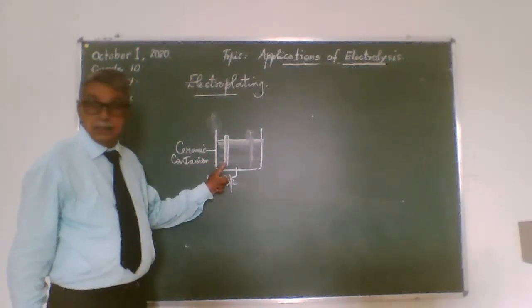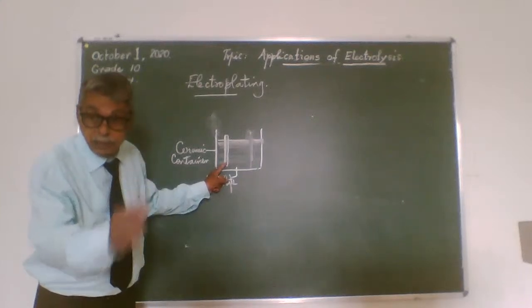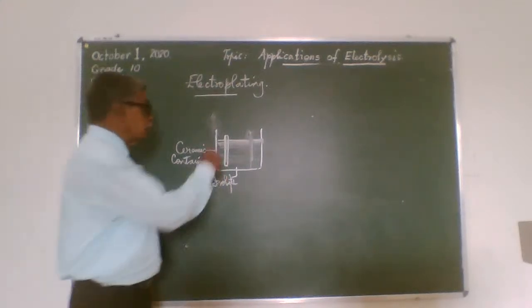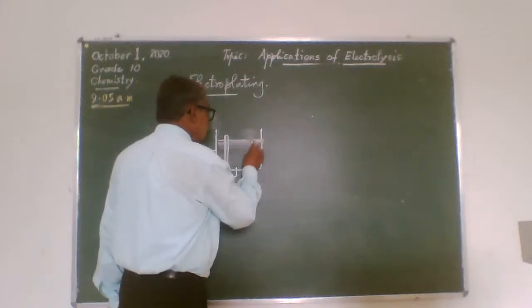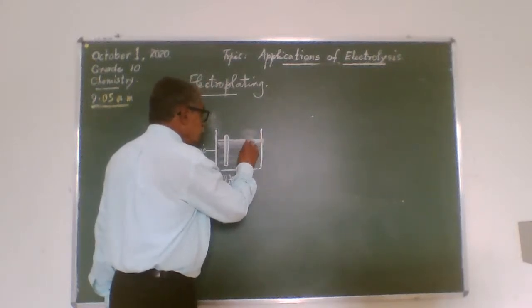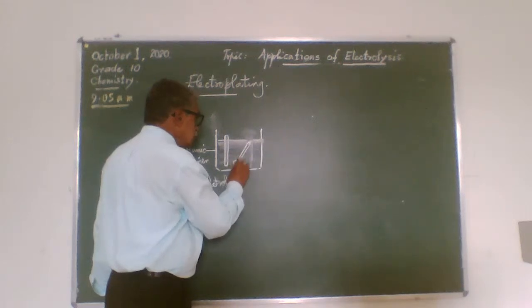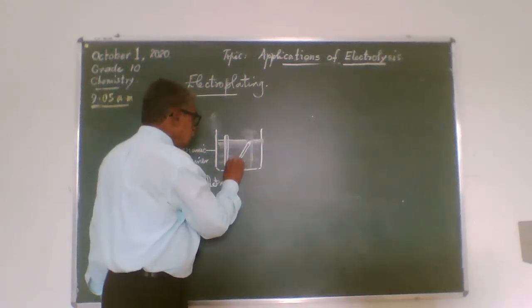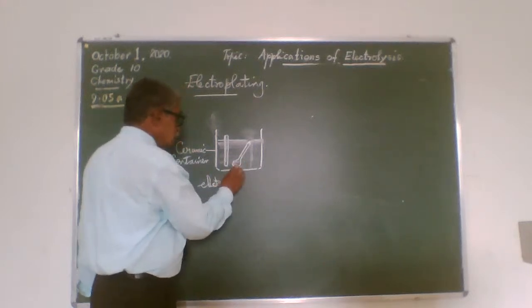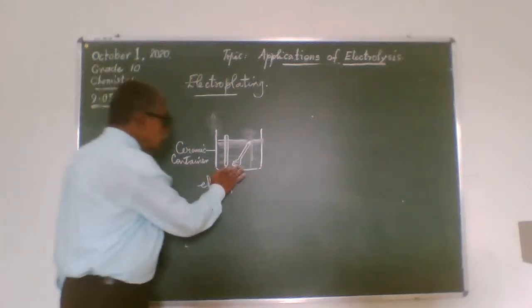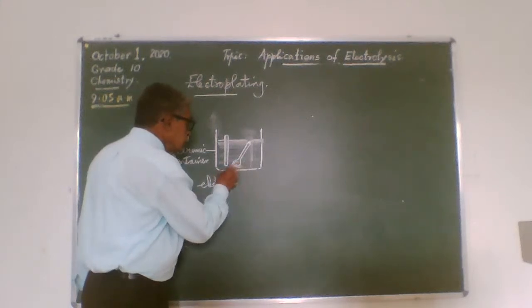A plate of the metal, that metal is going to be plated on the other one. That's the anode. And the cathode, say we want to plate a spoon. That spoon is kept dipping in the electrolyte. This is the spoon to be electroplated.